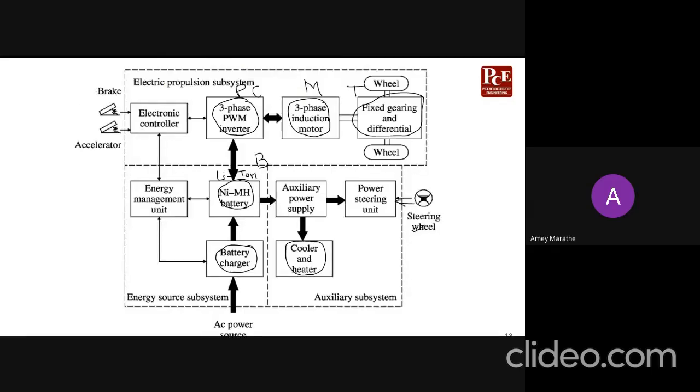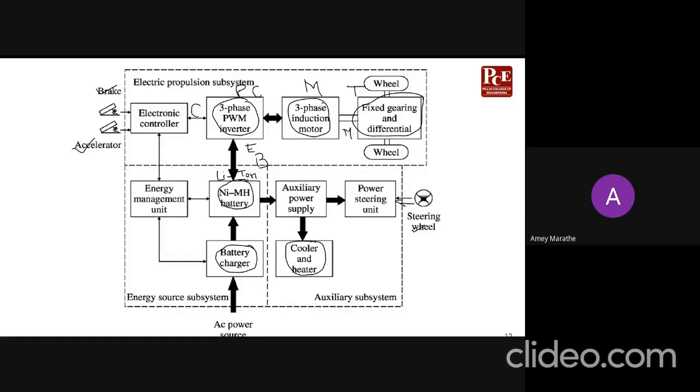So based on whether you are braking or accelerating, your electronic controller. So this is a control link, correct? This is an electrical link, right? And this is a mechanical link. Right, so this is how it is.